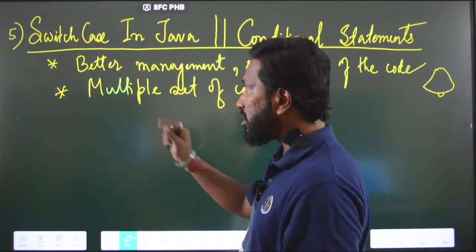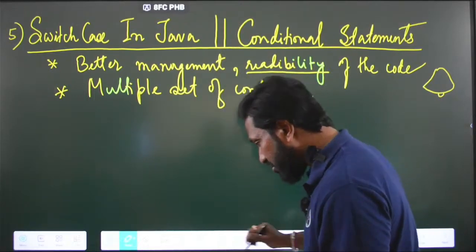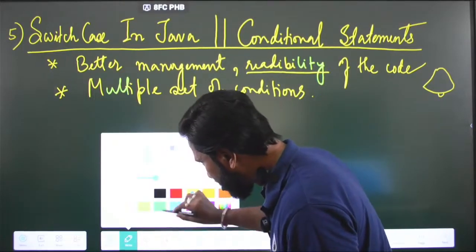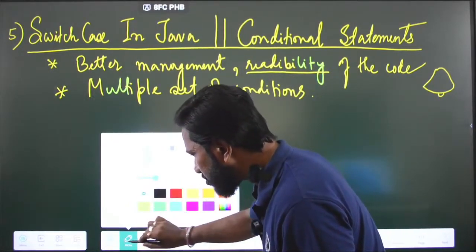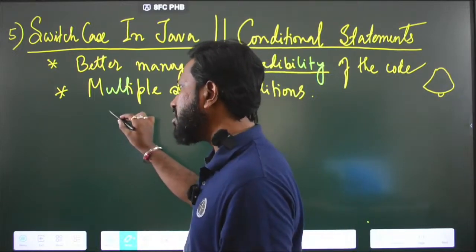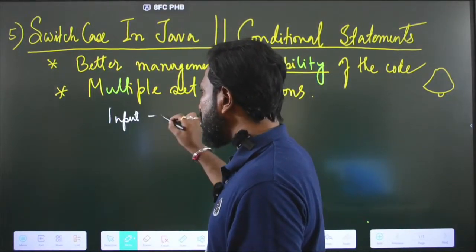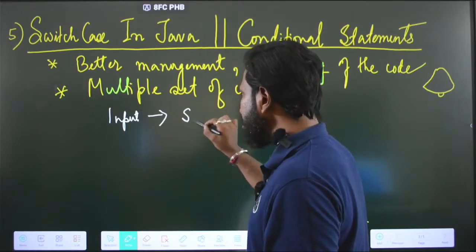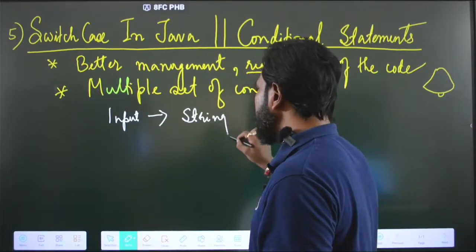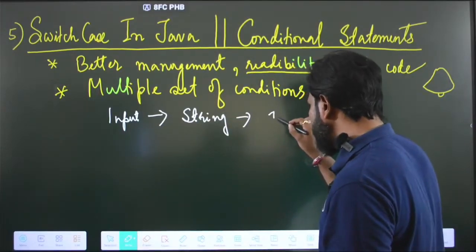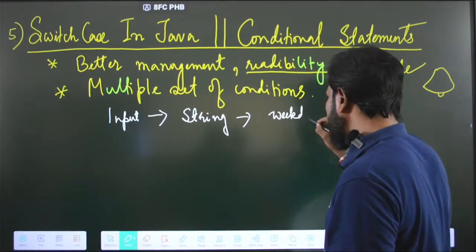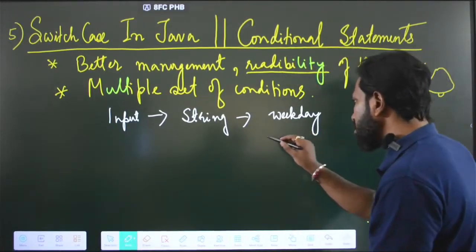As I was telling, whenever we have multiple conditions, just say we have a scenario where we want to take an input from the user of the string, saying the weekday or the weekend.